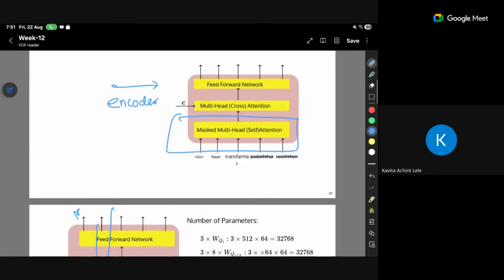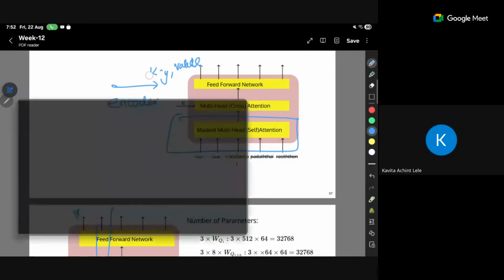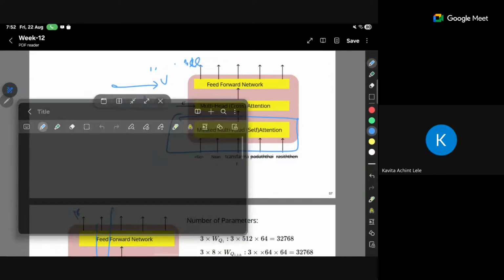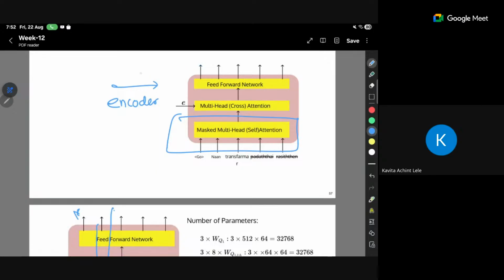So what is the encoder going to send? It's going to send key and value vectors from here. So you're going to get keys and values from the encoder, or just think that whatever embeddings you get from the encoder layer, right? So the encoder layer will produce some embeddings.